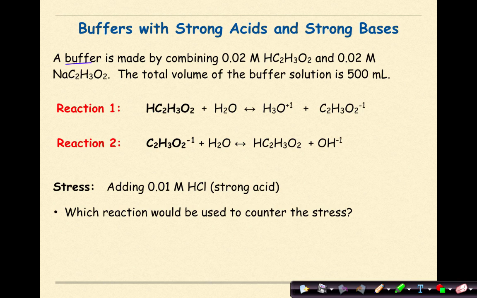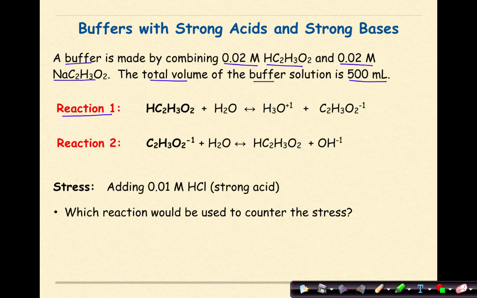A buffer is made by combining 0.02 molar acetic acid and 0.02 molar sodium acetate. The total volume of the buffer solution is 500 milliliters. So in this buffer situation, we have two basic reactions going on.